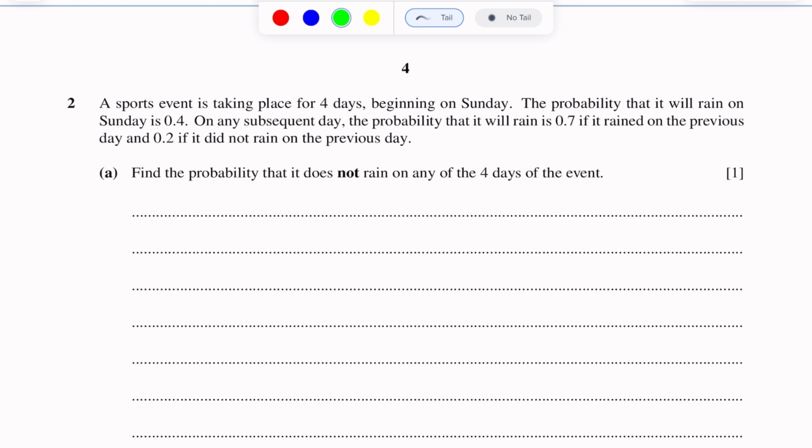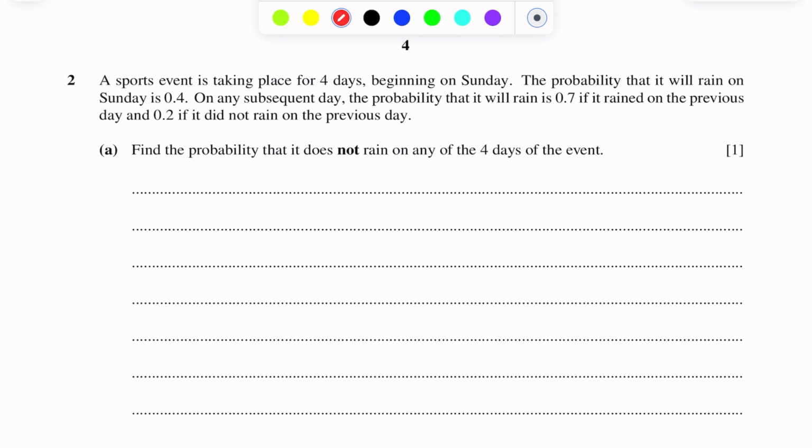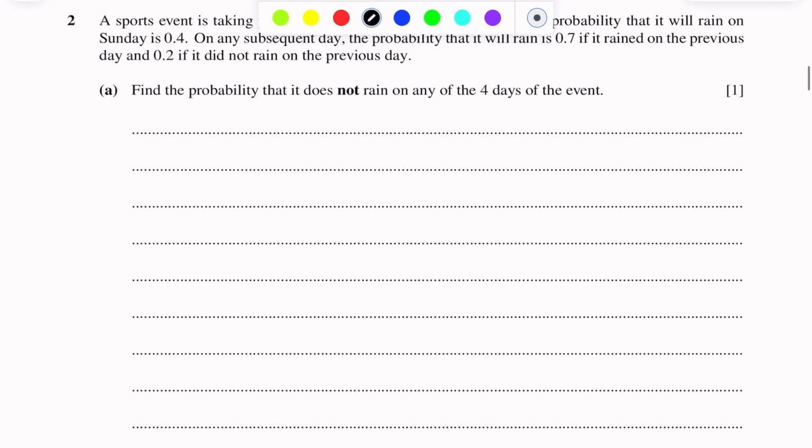So we are drawing a tree diagram. On Sunday, for the probability of rain, we represent rain with this letter R. R dash shows not rain.